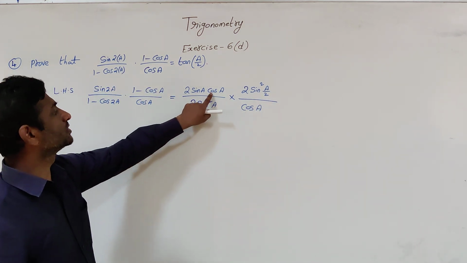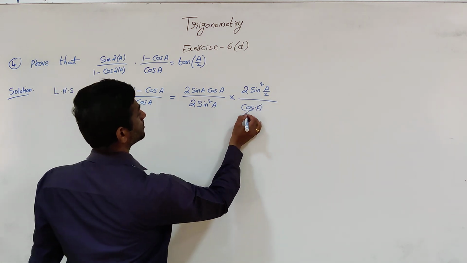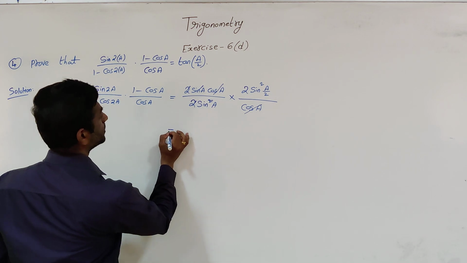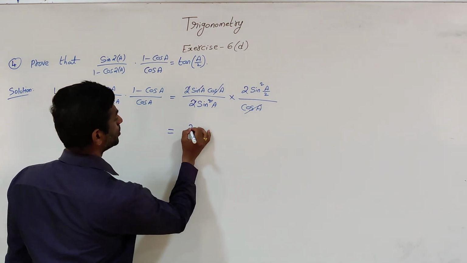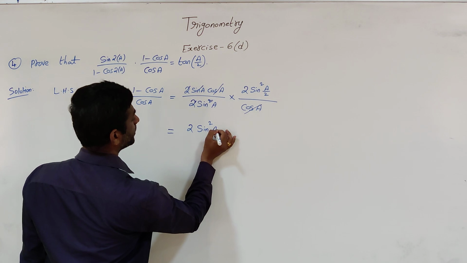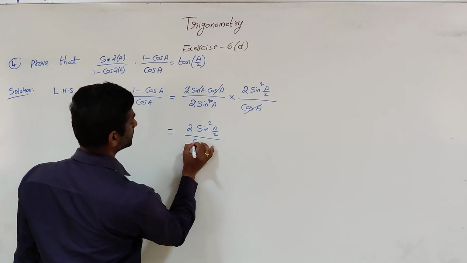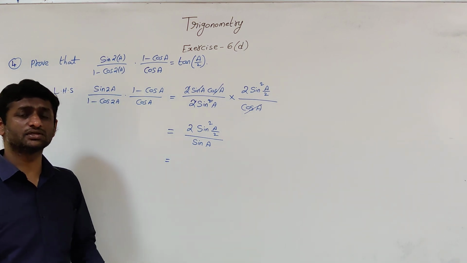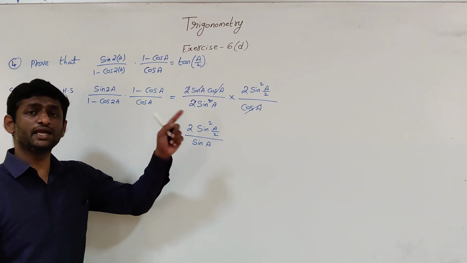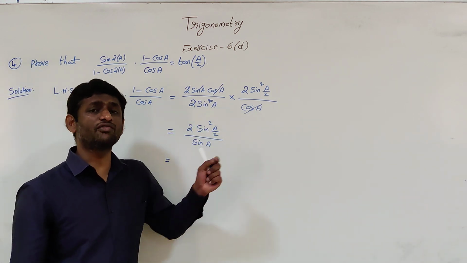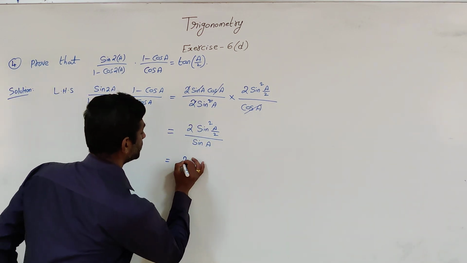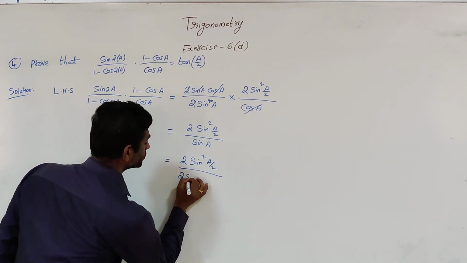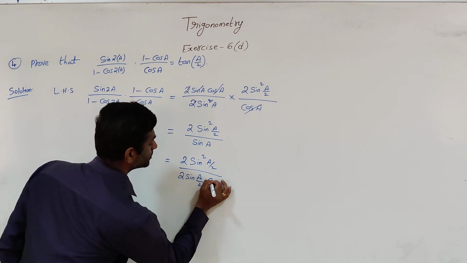One cos a gets cancelled, and one sin a gets cancelled, 2 also gets cancelled. So it will be left over with 2 sin square a by 2 by sin a. Again, sin 2a is 2 sin a cos a, so sin a, in terms of the half angle, will be 2 sin square a by 2 as it is, by sin a, which means 2 sin of a by 2 cos of a by 2.